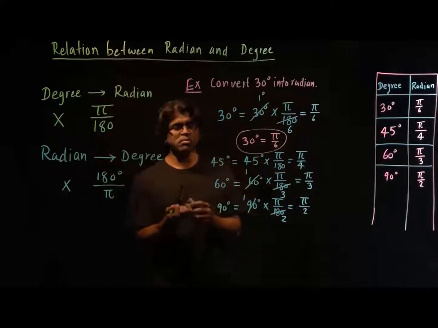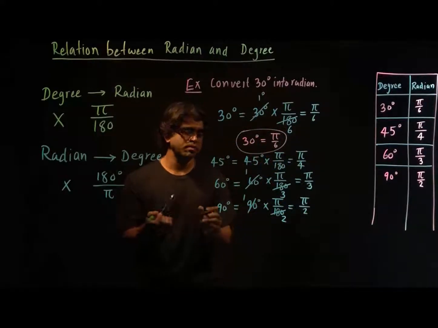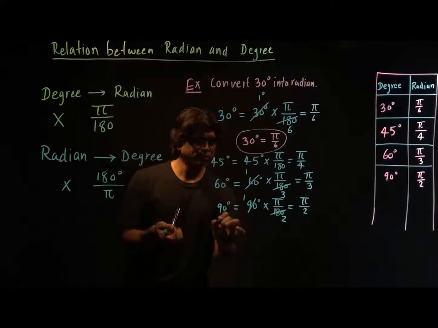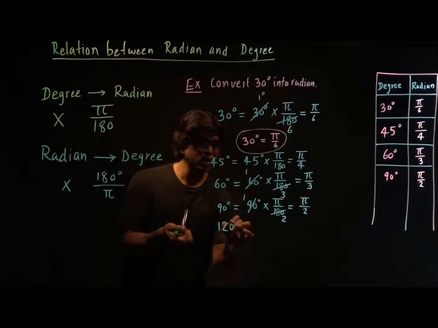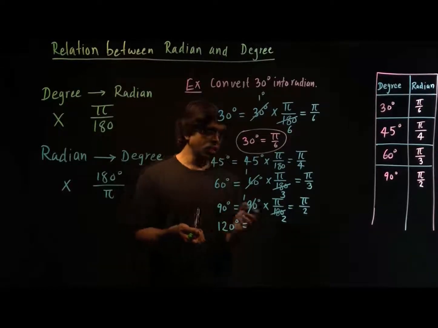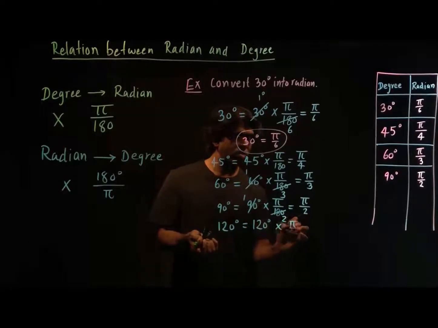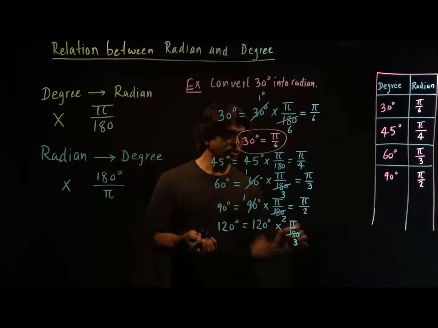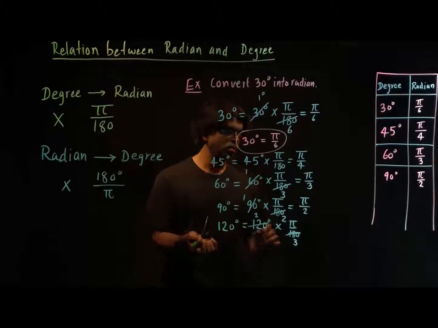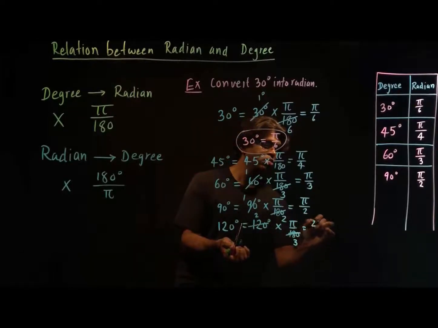Let's do one more, and then we will convert from radian to degree. The next one is 120 degrees. I'm going to multiply 120 by pi over 180. 60 times 3 is 180 and 60 times 2 is 120. So I got 2 pi over 3.